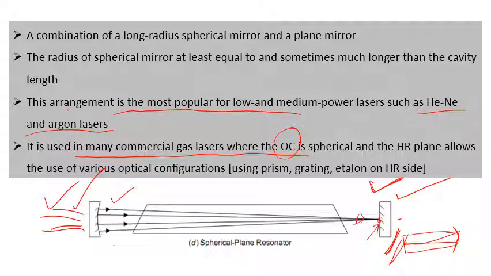If you use spherical and use a prism here, that would be a big problem in alignment and other things. So that is why, if you want to use a prism or a grating, it's much better to use a plane mirror on one side of the cavity. So I hope you understand this concept.